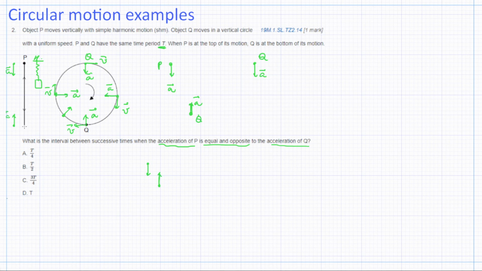Our object has just stopped, so P would be at this point here in the bottom. So there would be a full acceleration up. And that would be another moment where both accelerations are equal and opposite. Right?